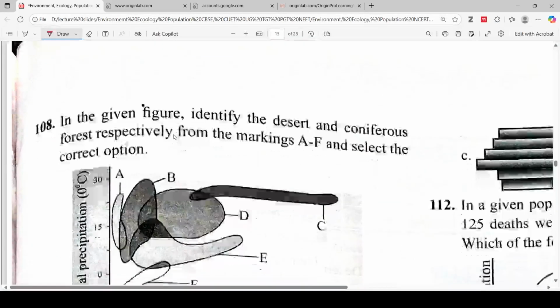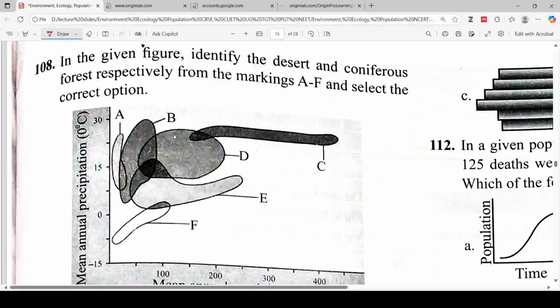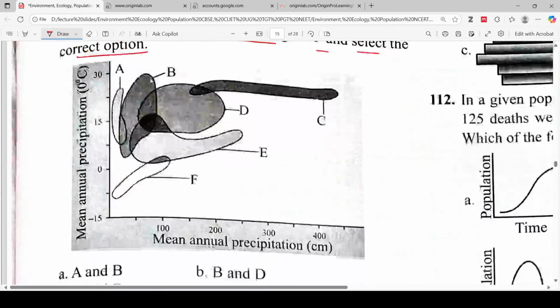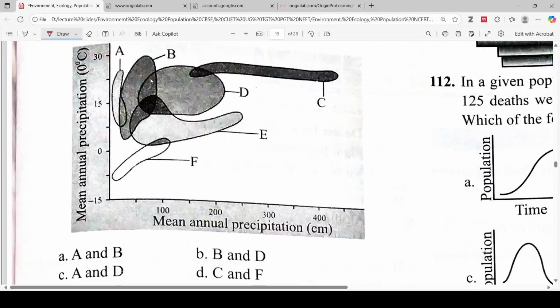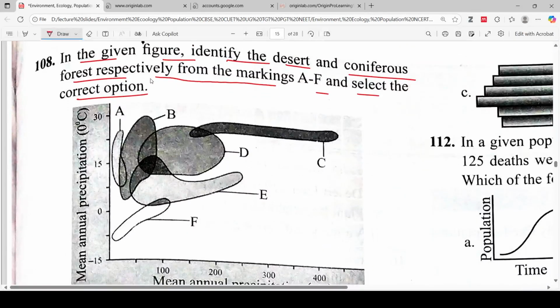Next question. Here in the given figure, identify the desert and coniferous forest respectively from the marking A to F and select the correct option. So from this diagram you have to choose the desert and conifer.